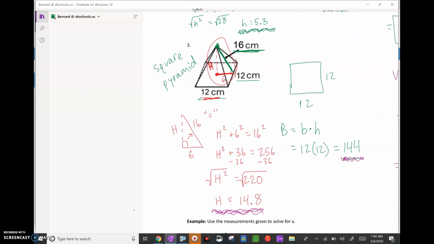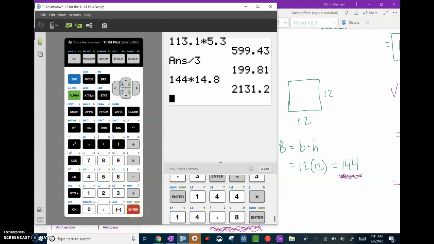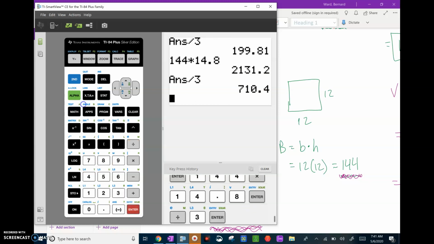And our final answer will be 144 times 14.8 equals, and then divide by 3, don't forget, 710.4.